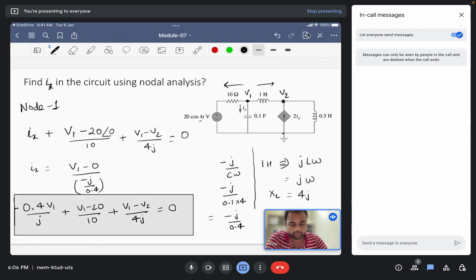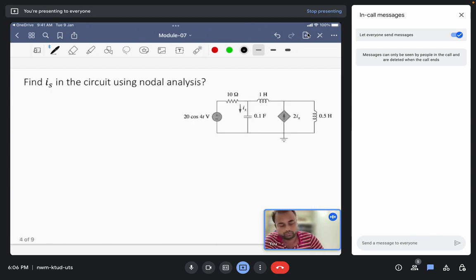Okay, now again we have to write for node 2, that is this node V2. For node 2, again we'll take the direction away from the node. First, writing for the inductor, it will be V2 minus V1 by j L omega, that is 4j.